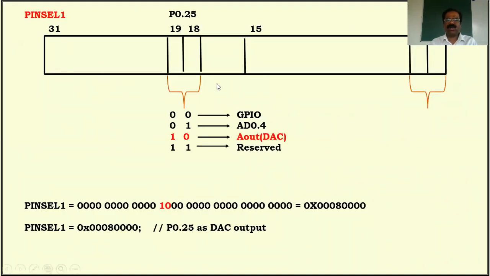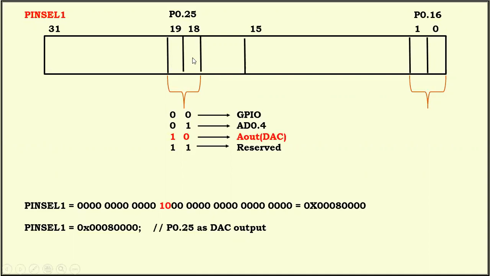Now I'm going to concentrate only on that particular pin. We know that pin select 1 is a 32-bit register, with bit number 0 here and bit number 31 here. Out of 32 bits, I'm going to reserve bit number 18 and bit number 19 for P0.25. If you write 00 here, you can use P0.25 as GPIO.